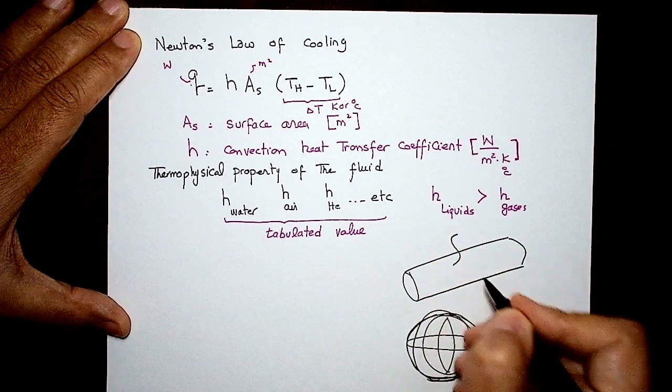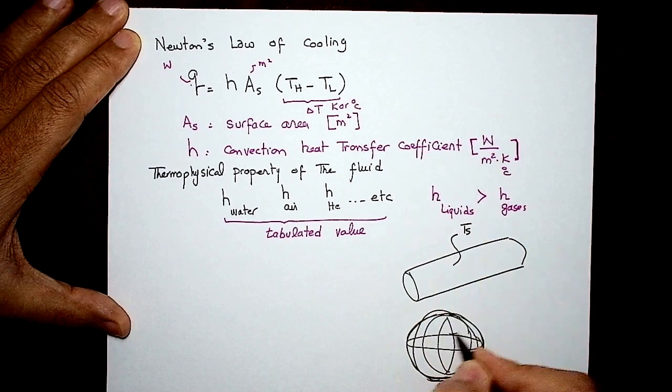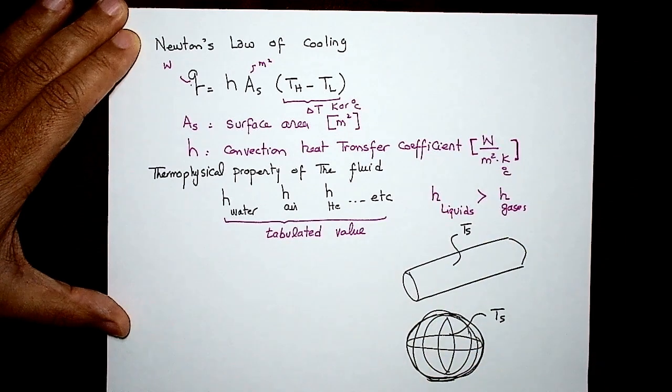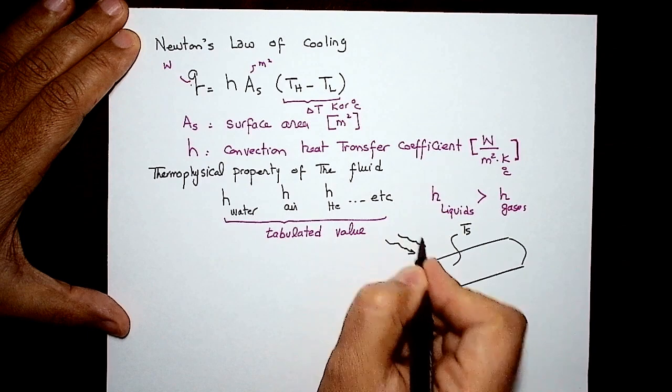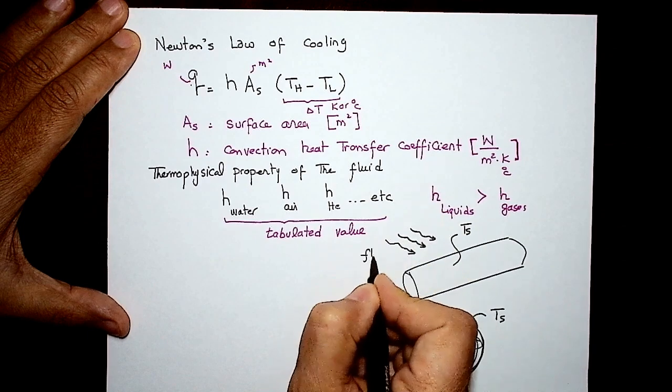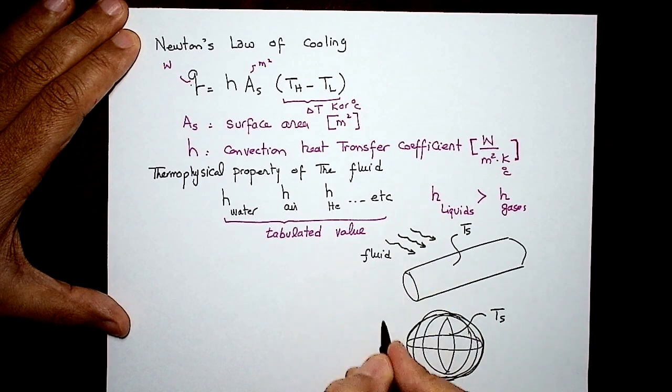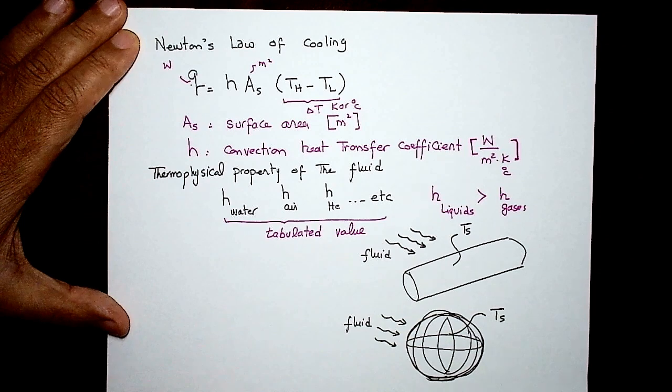And the surface temperature is TS. Then I want to cool down either that cylinder or that sphere quickly. So I'm going to blow a fluid, which could be liquid, could be gas. And that fluid is at a lower temperature.